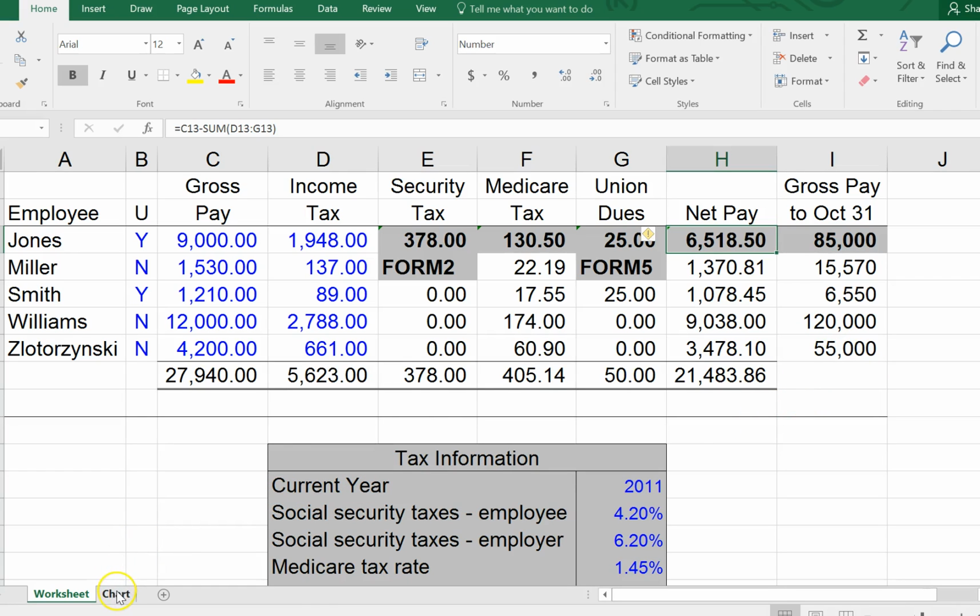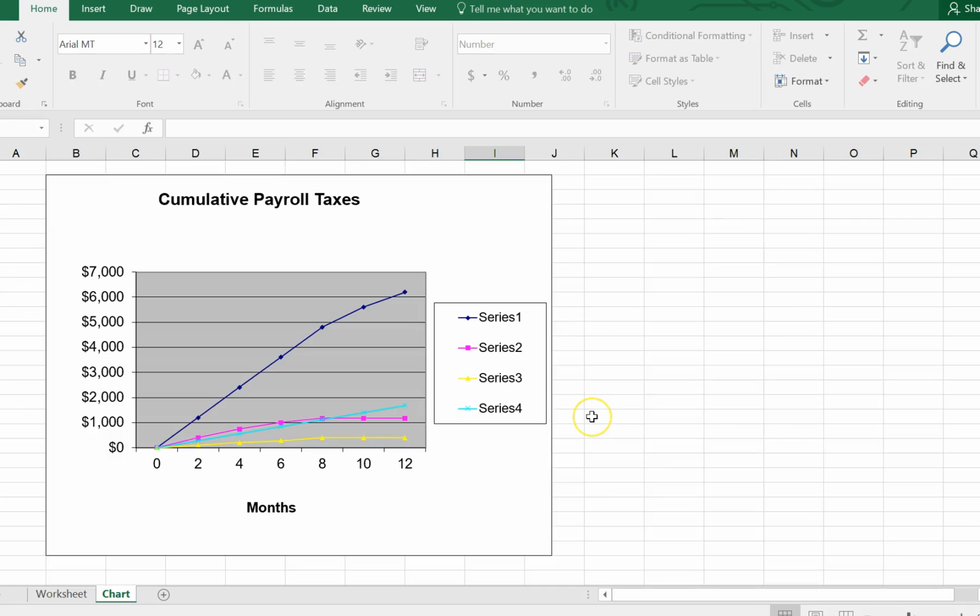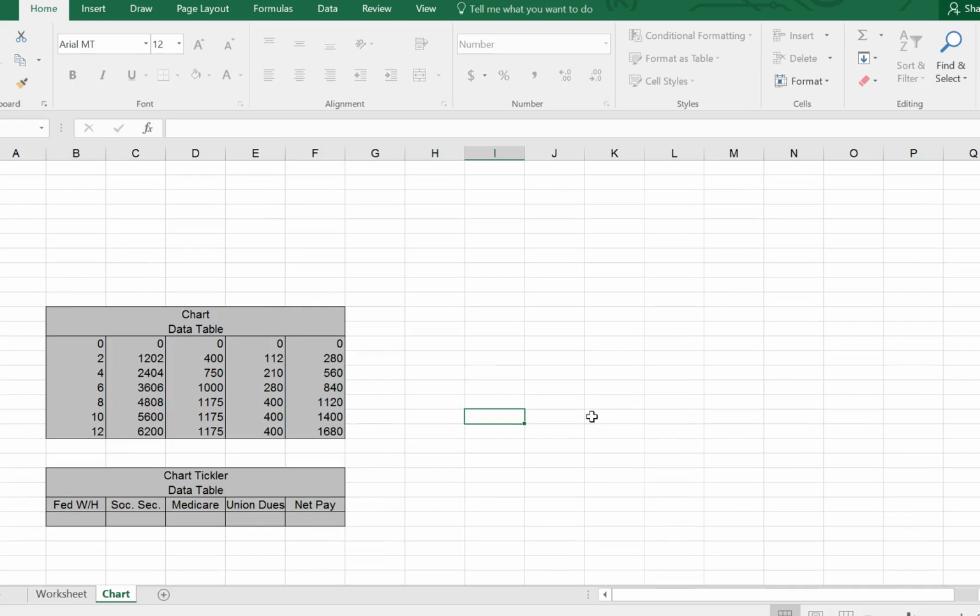Finally, the chart tickler asks you to create a chart for one particular employee. Use this chart data table to reference the amounts for that employee, and then highlight these 10 cells to create a nice clean chart.